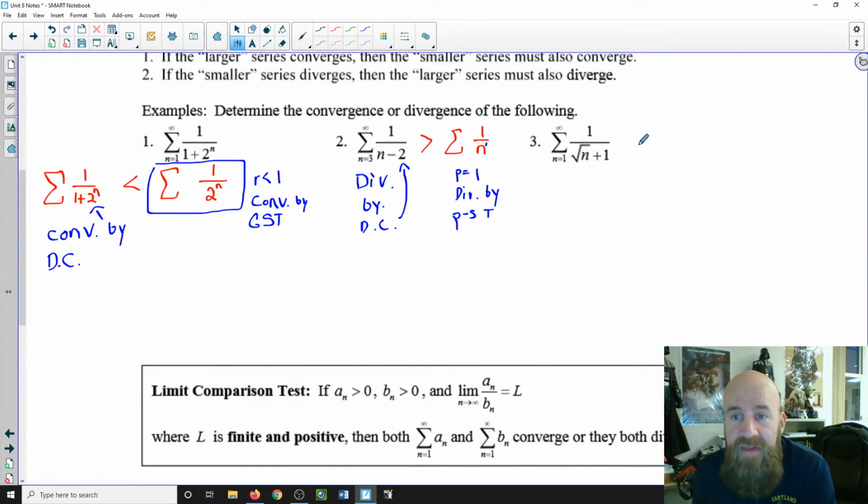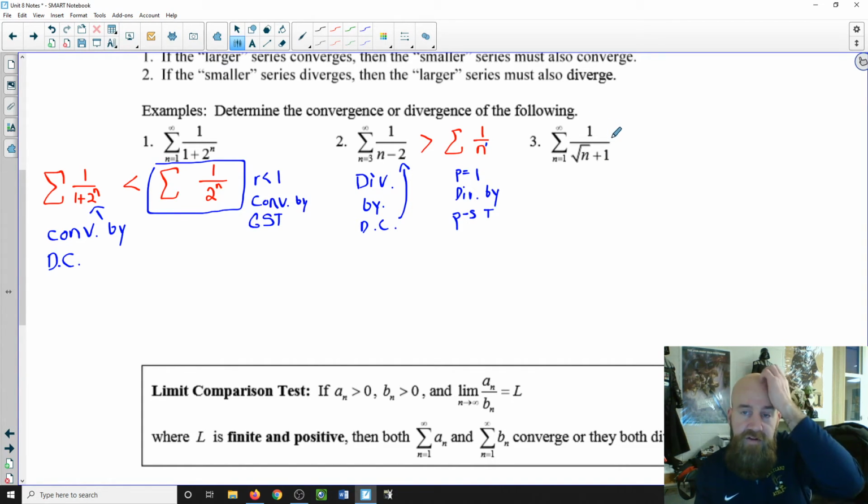But the problem is that if I know it diverges, this series would have to be larger than that series for it to work. But if we think about it, we're adding a number in the bottom, so it's getting bigger in the bottom, which causes this to be a smaller number. So that does nothing for us.